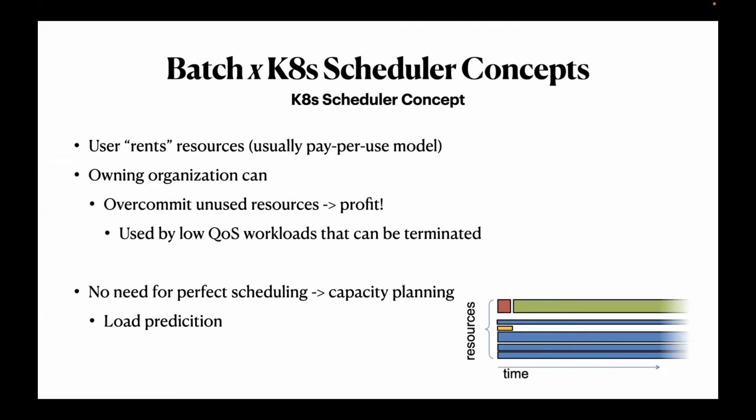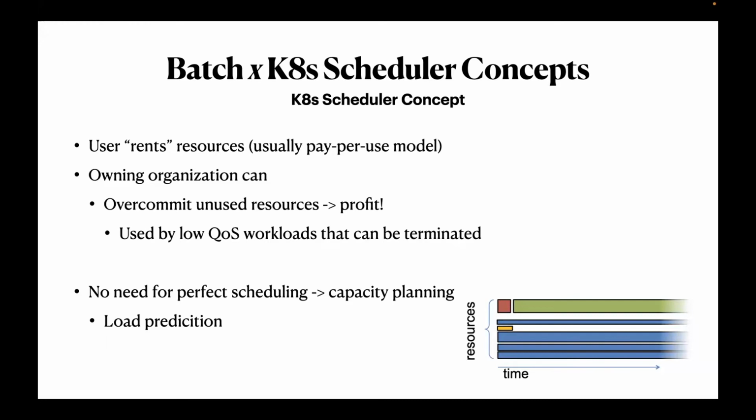For the user, it seems a great deal, but for organizations owning those resources, it is an even better deal and a perfect opportunity to overcommit unused resources and generate more profit. It is assumed that the resources are not used at every second, and that users tend to overestimate resource requests. From a business perspective, there is no need for perfect scheduling because you are actually profiting from that, but you need rather good capacity planning.